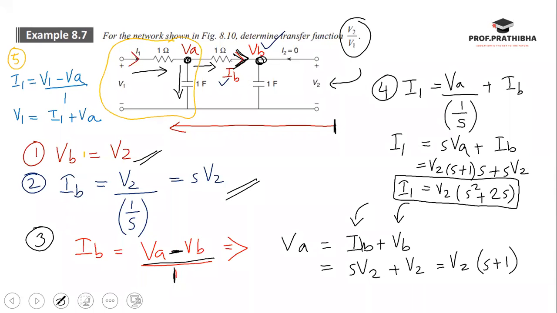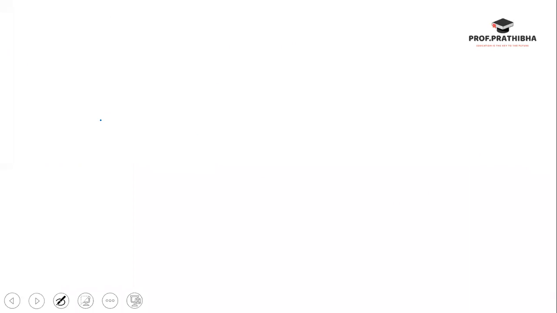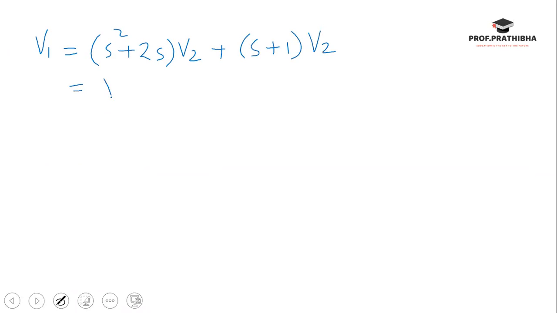Now I am going back to check that I got my I1 somewhere, and I got my VA somewhere. So I am going to just substitute that. So my V1 becomes nothing but S² plus 2S times of V2 plus S plus 1 times of V2. So again, V2 will come out common, and in bracket, you will get S² plus 3S plus 1.